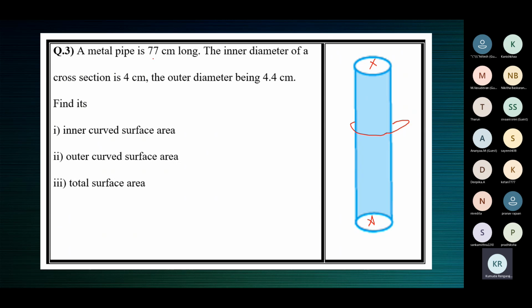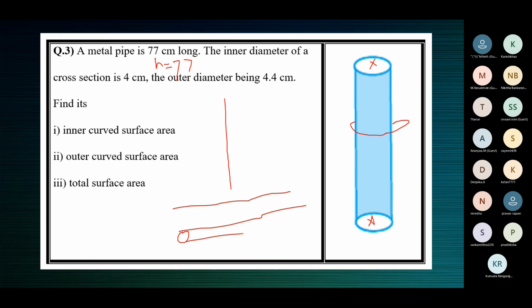A metal pipe is 77 centimeters long. So H is equal to 77. Long meaning the length. When you place something vertically, we say height. When you place the same thing horizontally, we say length. So length and height are the same here. When you keep your pencil vertically, it's the height of the pencil.